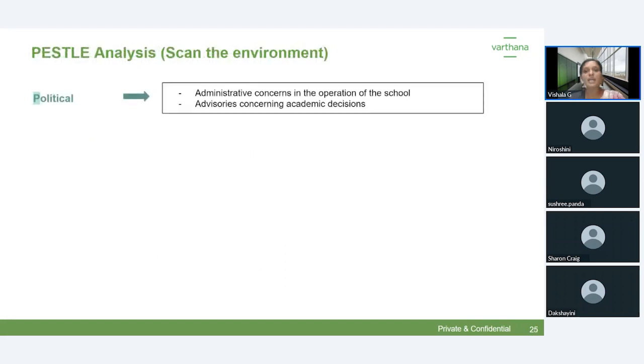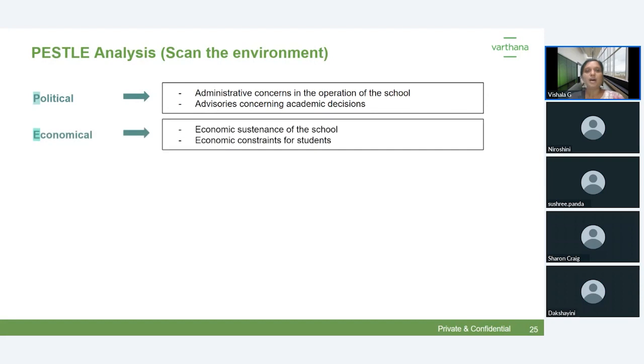What kind of administrative concerns are there in the school, whether it is operations or decisions, what kind of political environment is there, what kind of economical environment is there, does the school have enough budget or enough cash flow to be sustainable, what are the economic constraints for students, is my fees a barrier for more students to come in, what can I do. All of these things will come from your economical environment scan.